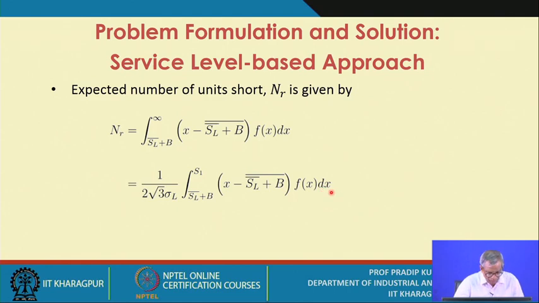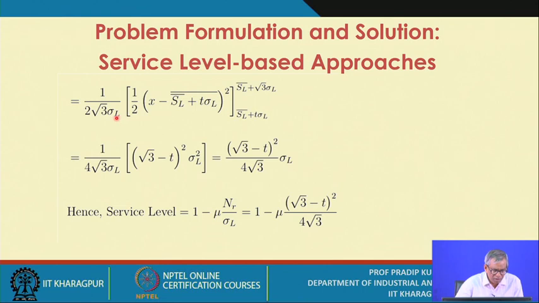Obviously you go for the integration, and this is the lower limit of integration, this is the upper limit of integration. So the lower limit is SL bar plus T into sigma L, where T into sigma L is B, and the maximum value, that is S1, is SL bar plus root 3 into sigma L. Already we have shown the relationship between S1 and SL bar and sigma L.